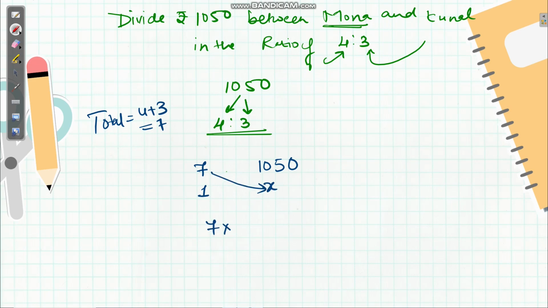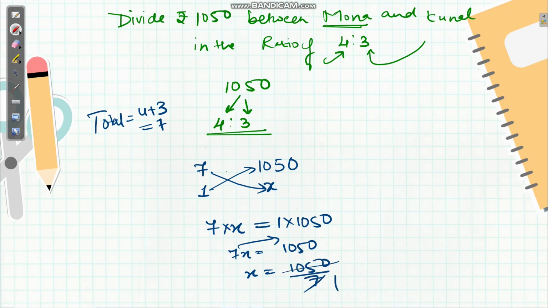So 7 into x is equal to 1 into 1050, that is 7x equal to 1050. x is equal to 1050 upon 7. 7 ones are 7, 7 fives are 35, 0. So the value of one part is 150.